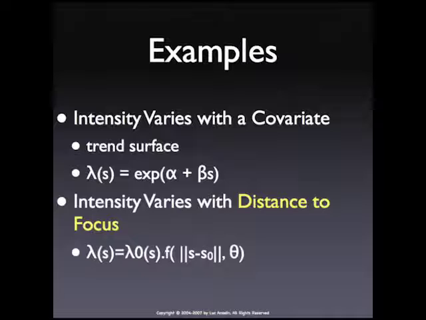A second type, and I want to bring this in here because it is very relevant in some of the cluster test statistics. It's where we make the intensity change with distance from a particular point. So in this expression here, we have some kind of base intensity. Let's say this is the intensity of the population density. And then this is a function that alters this base rate.